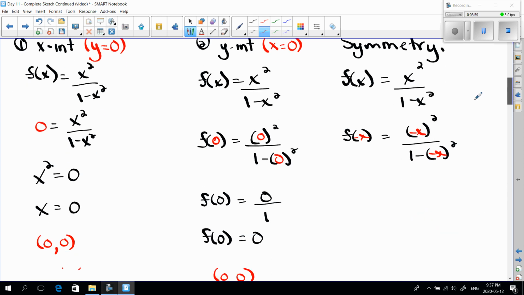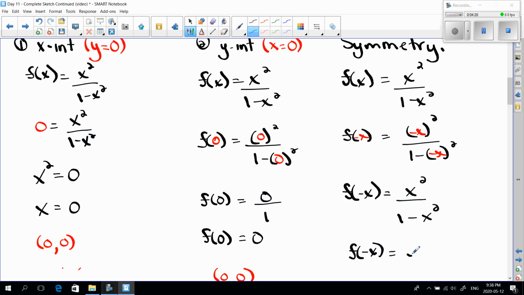And when I work this out, I got f at negative x equal to negative x times negative x is positive x squared. Negative x times negative x, again, is positive x squared multiplied by this negative would give you negative x squared. Now you might notice something. You might notice that f at negative x, this thing right here, is exactly the same as f of x.